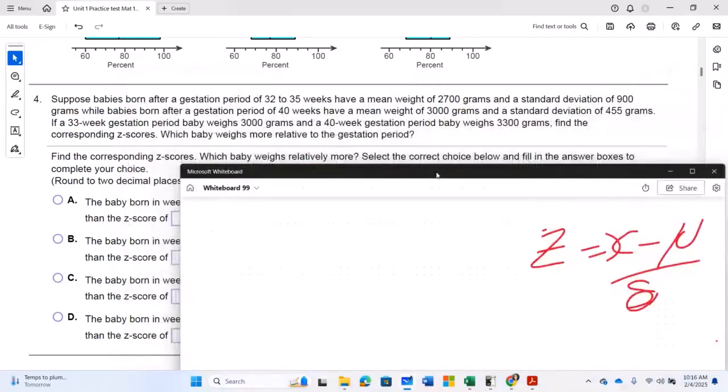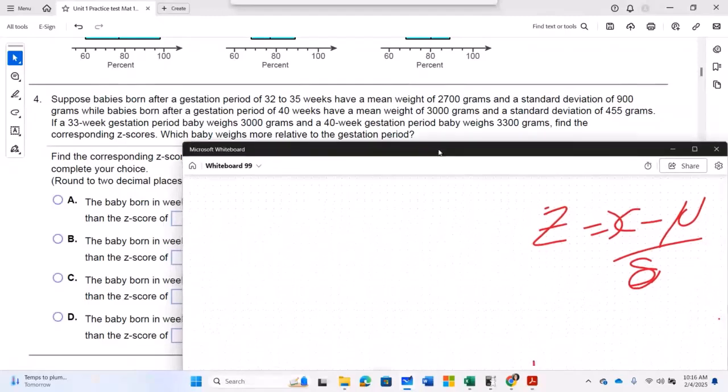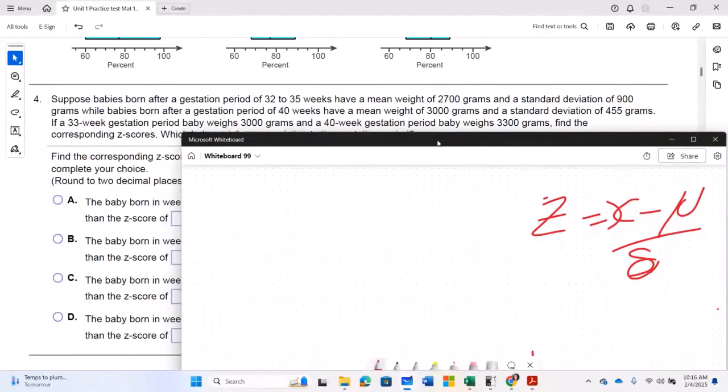Suppose babies born after a gestation period of 32 weeks to 35 weeks have a mean weight of 27. Let's write it down.